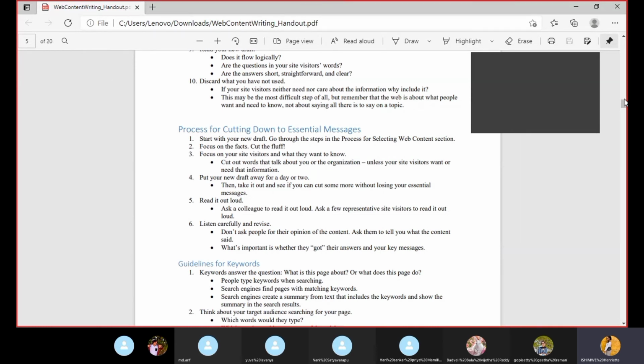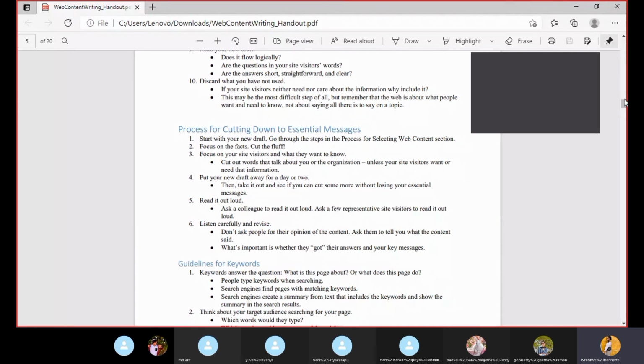And then the sixth step is about listening carefully and revising. This step encourages us not to ask people their opinion about the content. No, it encourages us to ask them to tell us what our content is about.